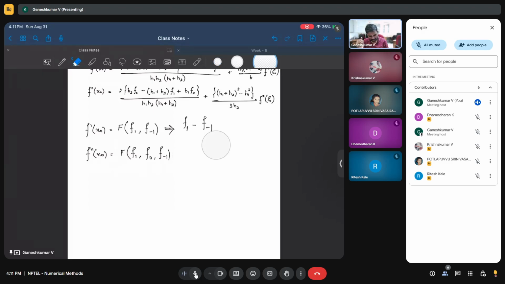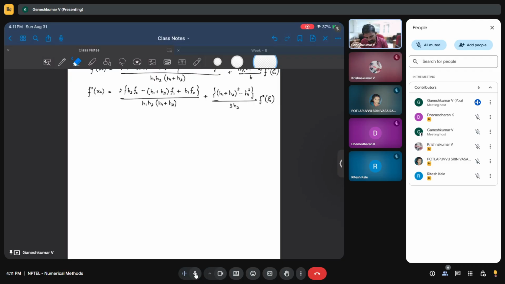But the methodology is this: you just express all these functions, f of x naught, x1 and f of x minus 1, as a Taylor series expansion revolving around x naught, and you substitute that into the polynomial that you seek for.